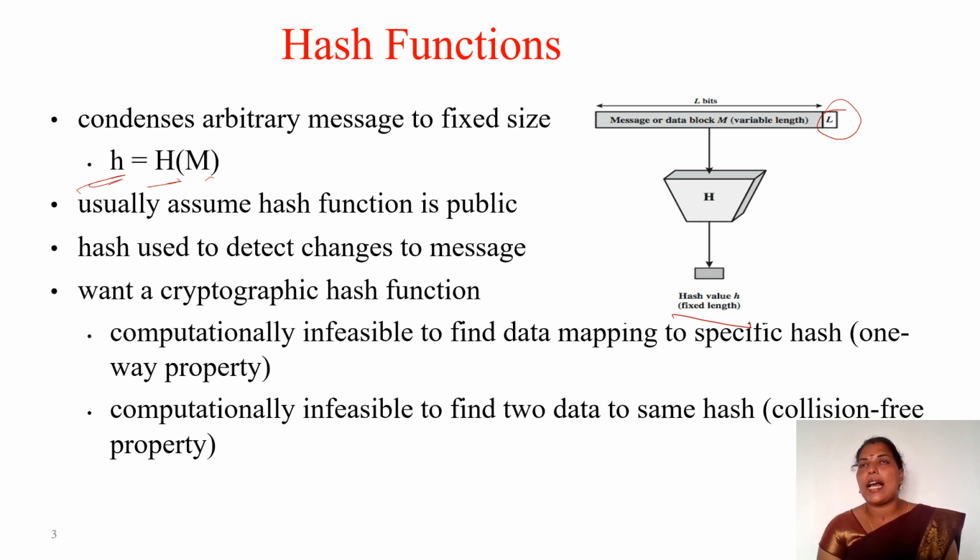Usually we assume the hash function is public, and it is used to detect changes to the message. Because this hash function provides data integrity, whatever changes are made to the message need to be detected using this hash function.